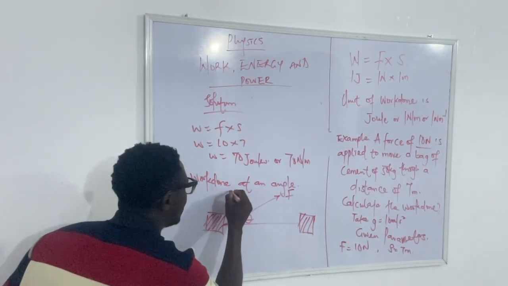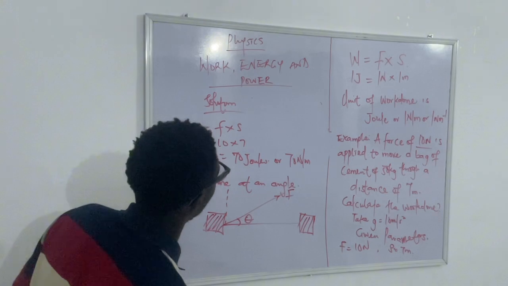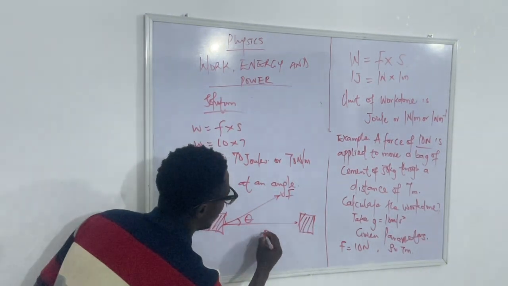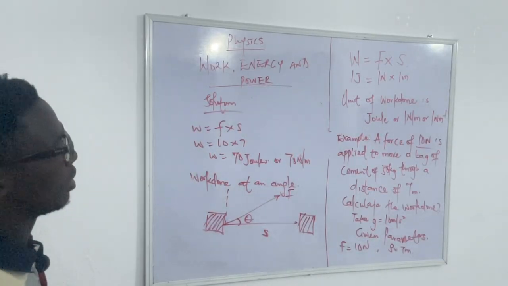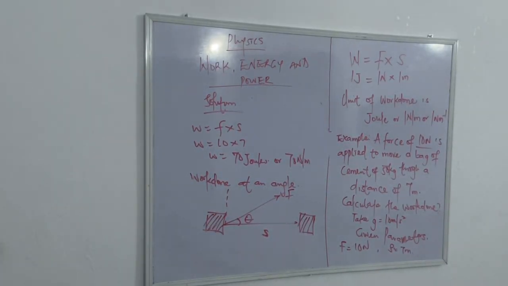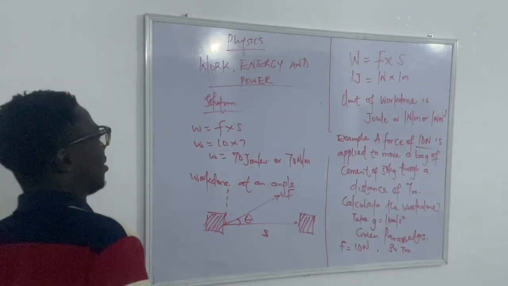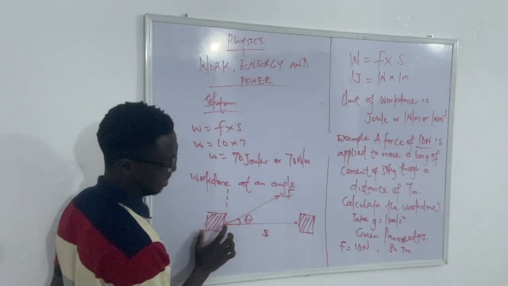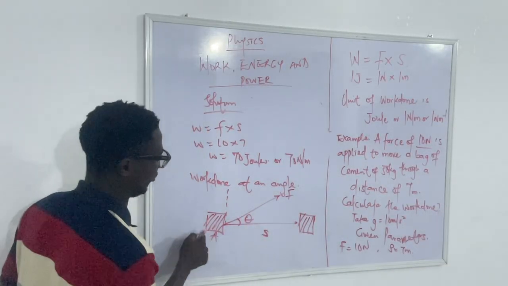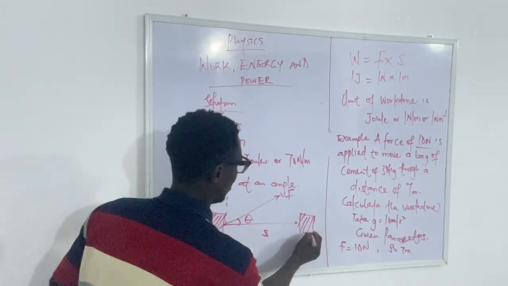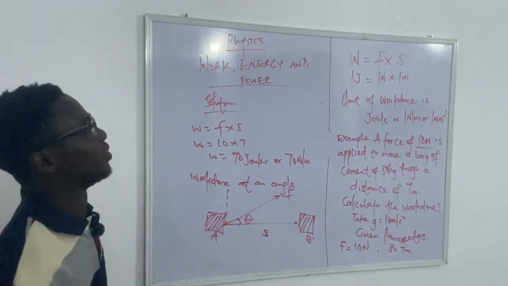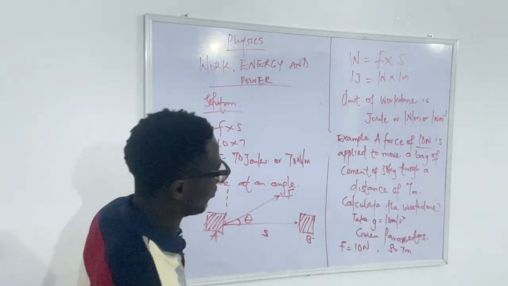Now, let me do this. Are we together? Now, in this case, we want to find the force that is dragging this body. This is moving this body from position A to position B. Now, in this case, there are two things involved.